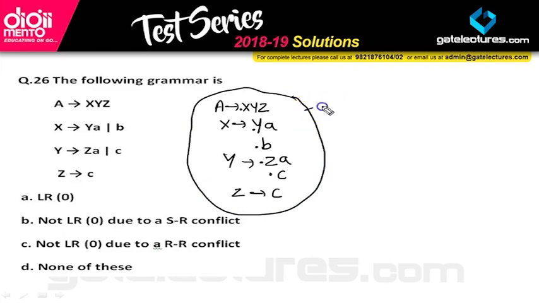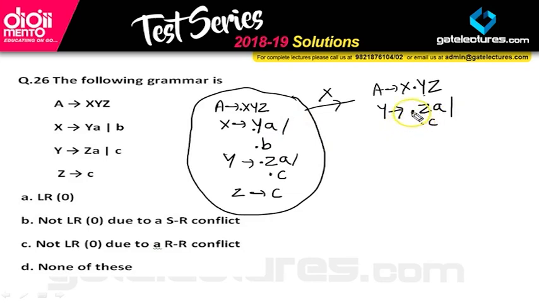So let's look for the X. I am producing A derives X dot YZ. Due to this dot in front of Y, now I have to parse Y, so this whole production will be used. So Y derives dot A and dot, using these slashes.